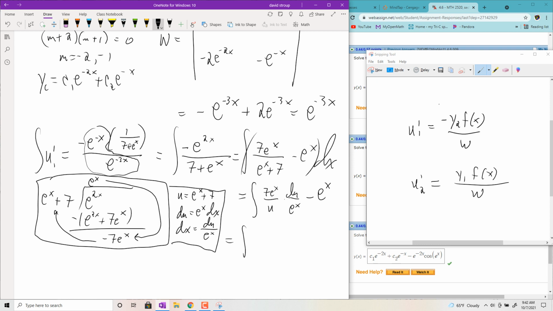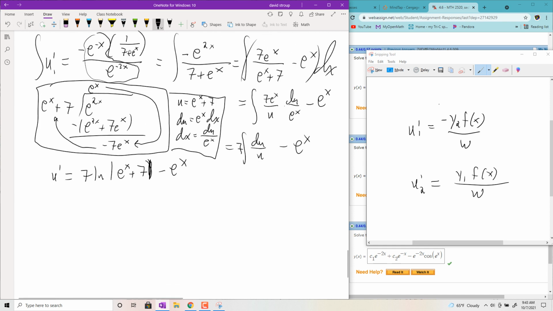Simplifying a little bit here, I get 7 times du over u minus this e to the x term. So basically I'm getting u1 equaling 7 ln absolute value of u, which is e to the x plus 7, and then minus e to the x. Okay, so there's my first part.